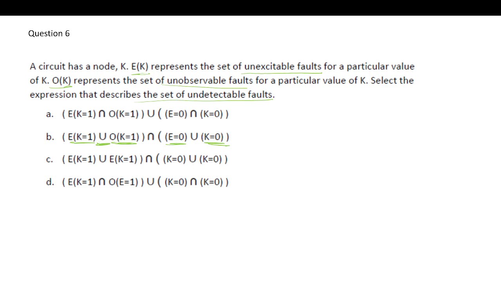So we perform the union operation, and then we said that the intersection of both of these will require a pattern which requires both K equal to 1 and K equal to 0, which is not possible. So that fault will remain an undetectable fault.